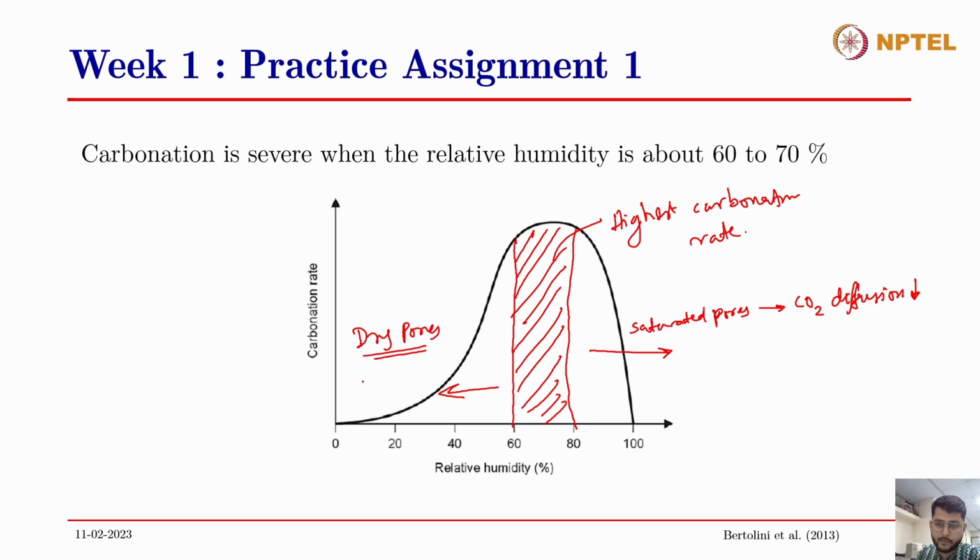For the reaction to take place, the carbon dioxide diffuses into the concrete, and it has to first form carbonic acid. This carbonic acid reacts with the reserve alkalinity or portlandite or whatever alkaline hydration products are present inside the concrete, and only then can the carbonation occur.